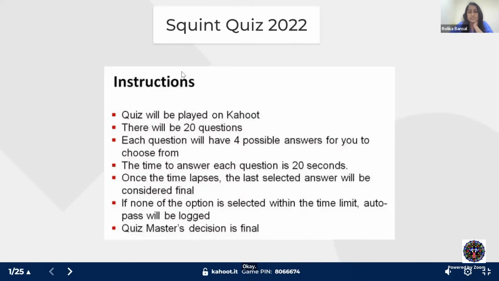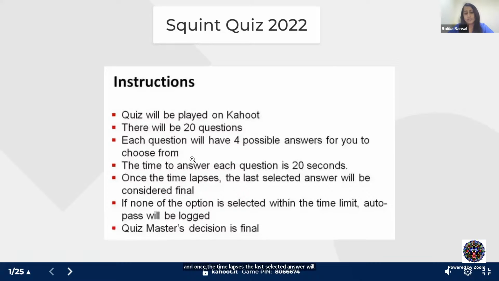So the instructions are that the quiz will be played on Kahoot, and there will be 20 questions, actually 25, right? 25. Each question will have 4 possible answers for you, and every question has 20 seconds, and once the time lapses, the last selected answer will be considered final.